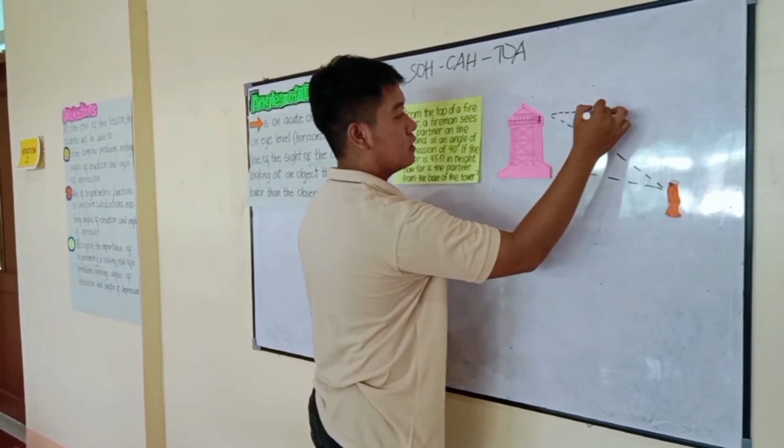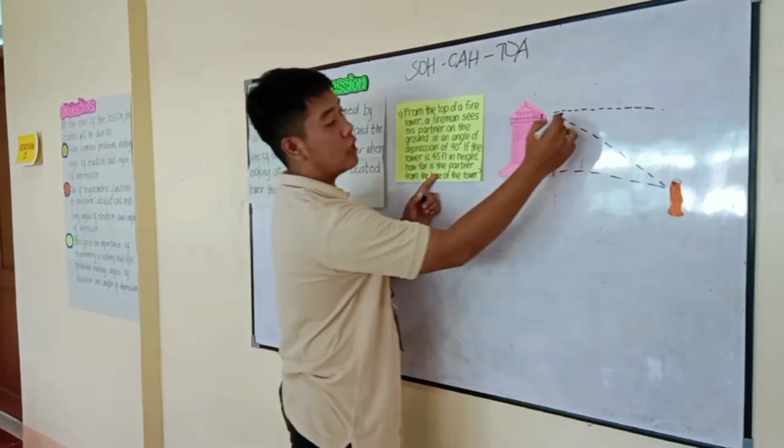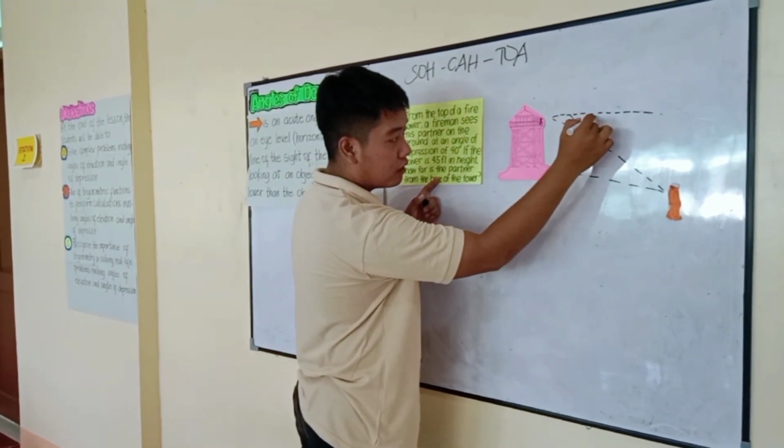And it is the eye level. So, the angle of depression down is 40 degrees.